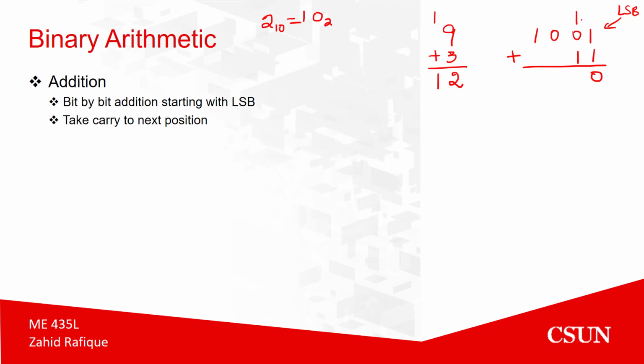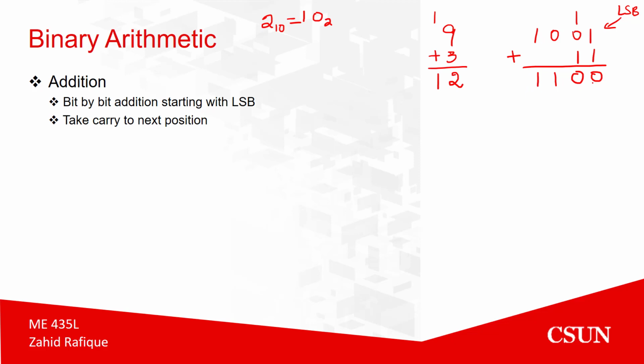Now keep in mind that the actual value of this carry is still 2 because that is my number system. We add this carry of 1 into this 1 and I again get a 2 or a binary 10. So I write my 0 over here and I take the carry to the next stage. I add 1 plus 0 gives me a 1, and this one here has nothing to add, so I just bring it down.